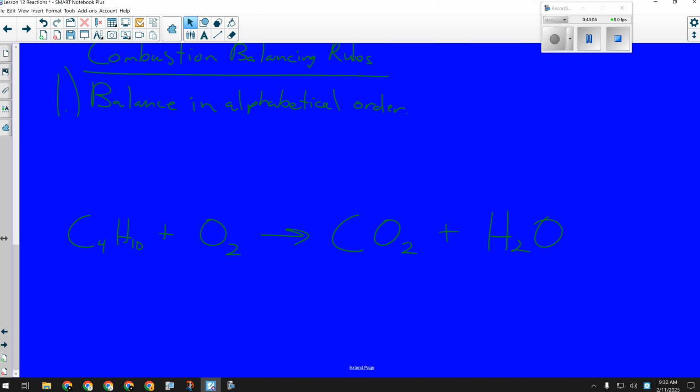Pretty much the same. Right? I have a hydrocarbon, and I have oxygen, I have carbon, I have hydrogen. Okay? So if I start doing this and balancing in alphabetical order, let's just kind of see what happens. How many carbon here? Okay. How many hydrogen here? Okay. What do I need to put here? Okay. All right.